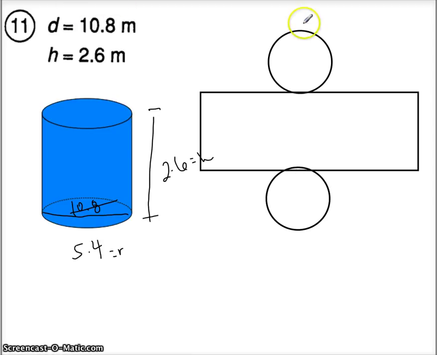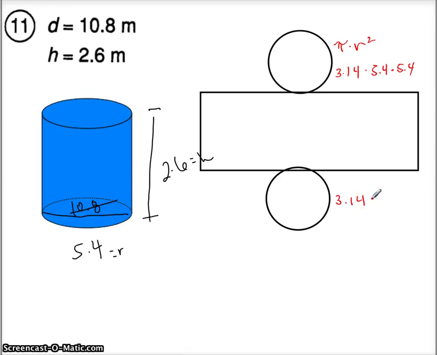So let's find the base. This base is going to be pi times r squared. So 3.14 times 5.4 times 5.4, and it'll be the same for the bottom because they're exactly the same thing.